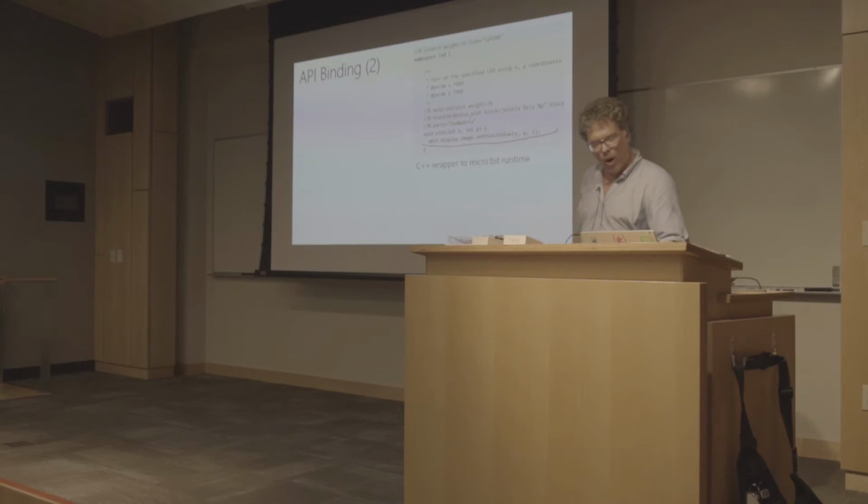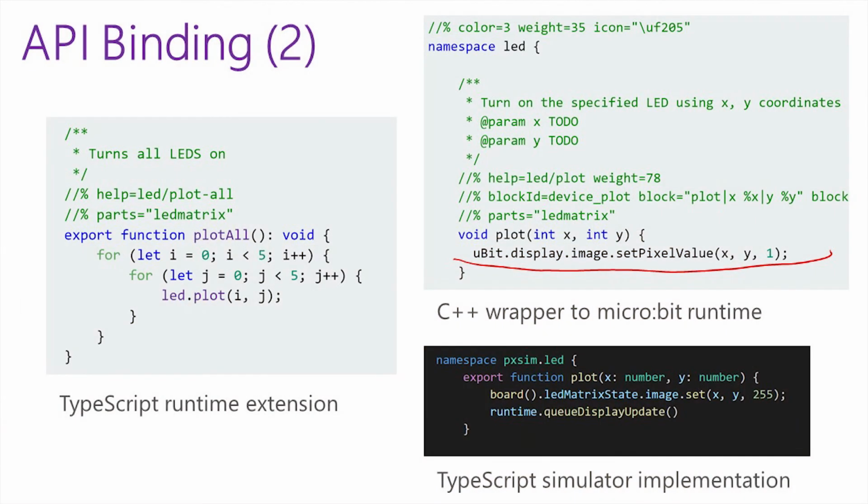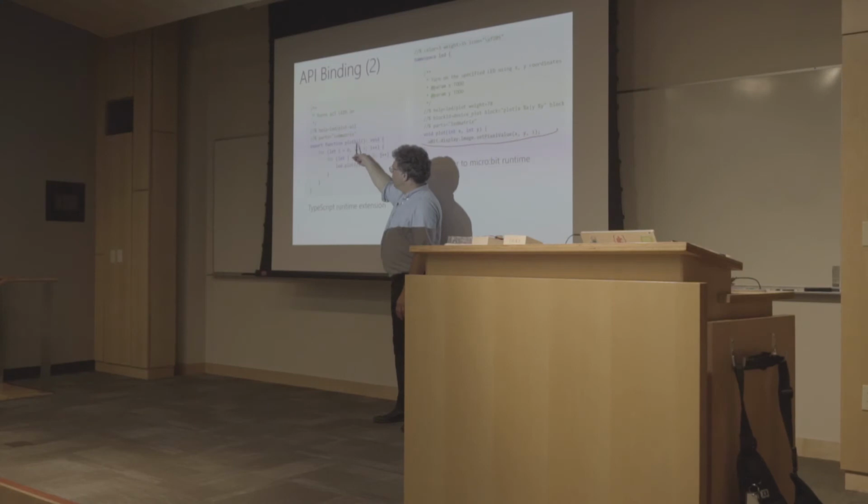Now the interesting part is we can then program against this C++ function as if it were TypeScript or JavaScript, right? So we can do led.plot, and we can extend the runtime, which doesn't have a plot all function, to have a plot all function.